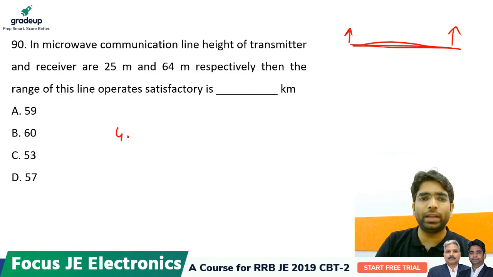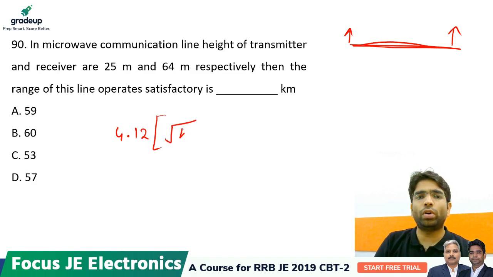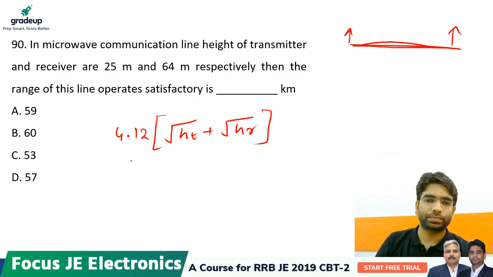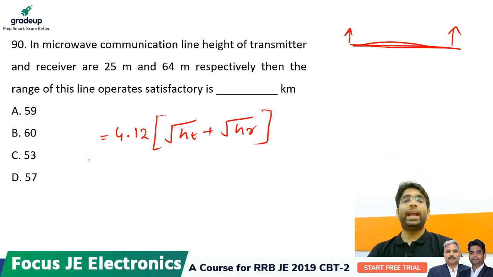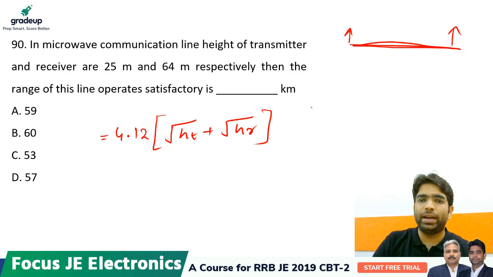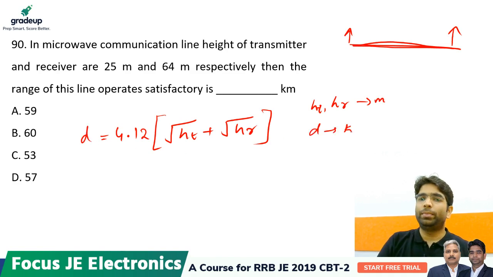The formula will be d equals 4.12 times root of ht plus root of hr, where ht and hr are in meters. My dear friends, follow it: ht and hr are in meters, and this distance d is in kilometers.